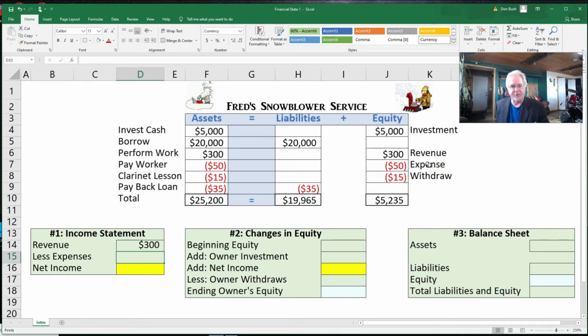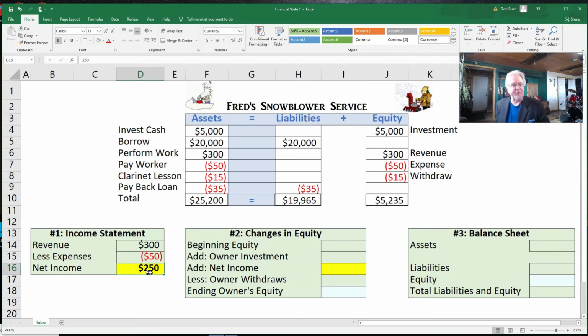We have to look at our transactions to find it. So I'll put negative 50 here. Net income is the difference between revenue and expenses. So in this case, it'll be $250. So another way to look at this income statement is money coming in and money going out from doing our job.